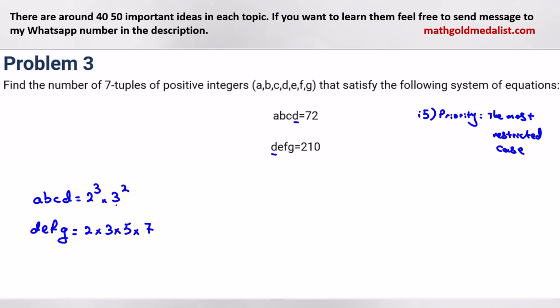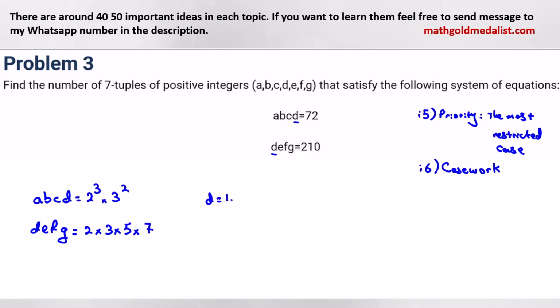Now we should use casework again, and in casework most of the time, but sometimes without casework, you should consider the most restricted case first. So here we should apply casework and prime factorize. What are the cases of D? D can be what numbers?